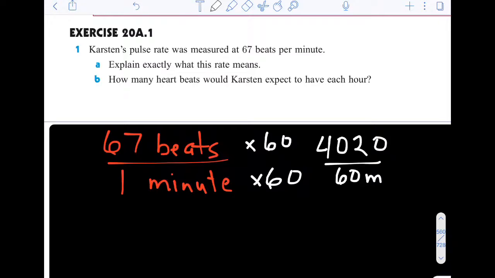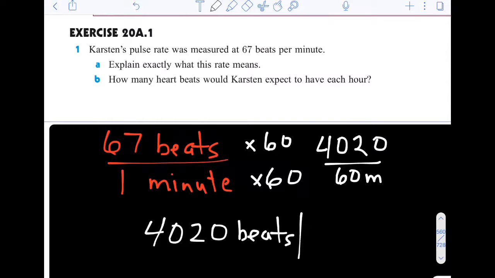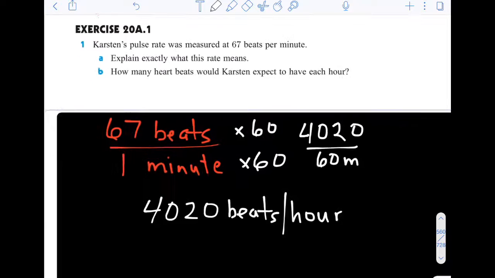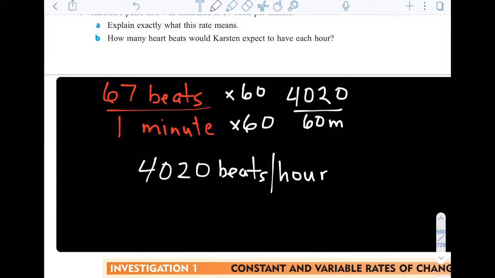So 4,020 beats per hour in this case. And that's what we have for the first one. So we'll continue down to the second one, and you'll see it's really similar.